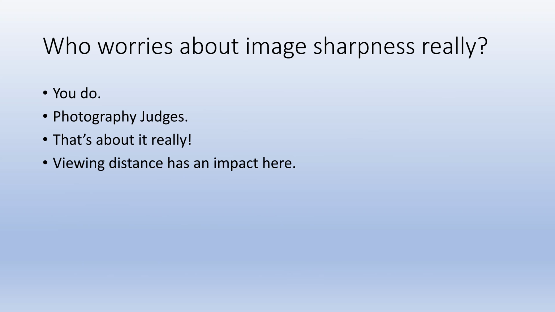And they've come up with something called a circle of confusion, which is the smallest amount of detail that the human eye can resolve from that distance on that size print.